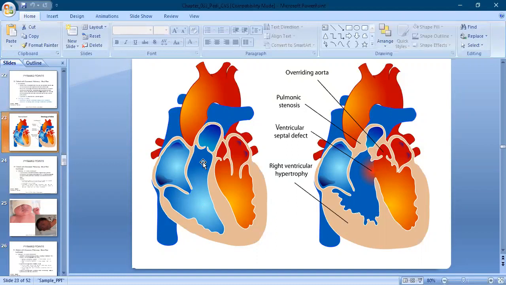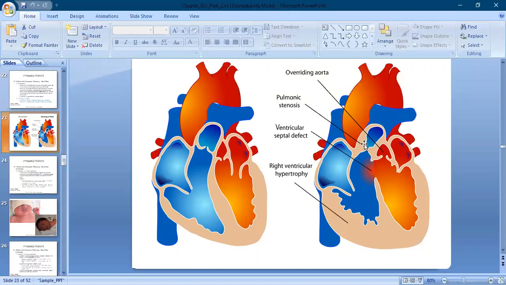But if the pulmonary trunk is narrowing or stenosed, the pathway is too narrow, and blood does not go from the right ventricle to the lungs because the pathway is too narrow. So pulmonary stenosis is one form of tetralogy of Fallot.